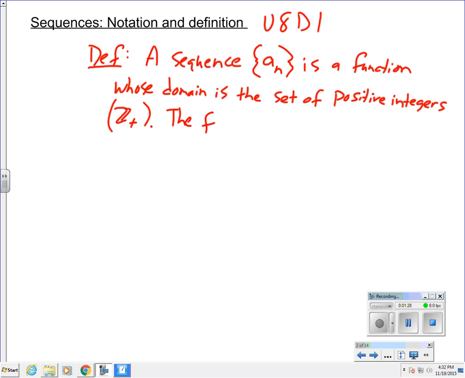The function values, and these are what we call the terms of the sequence. So the y values are what we call terms of the sequence.